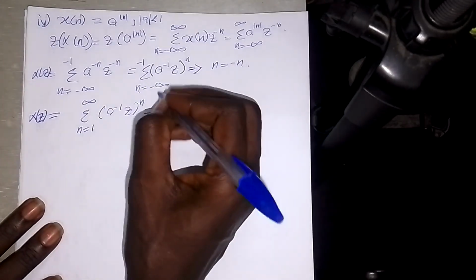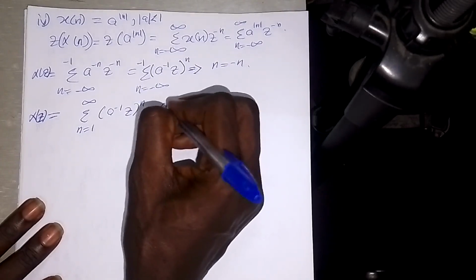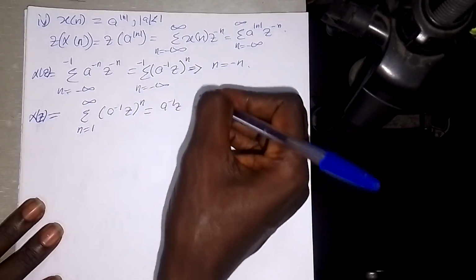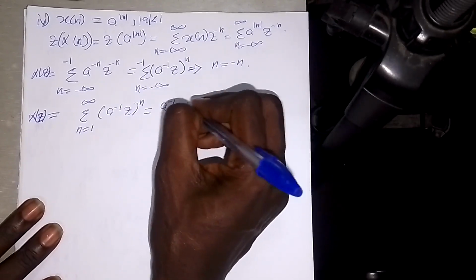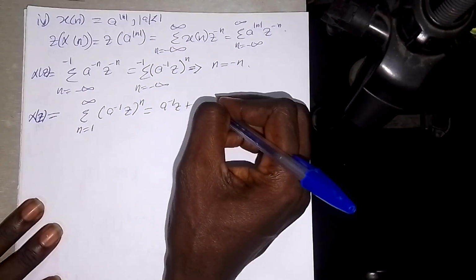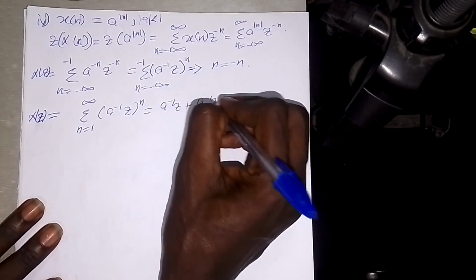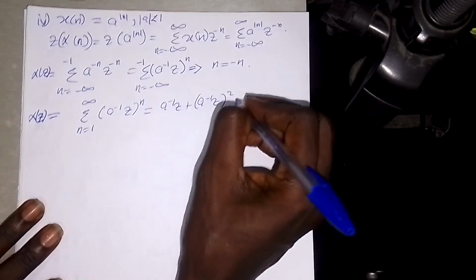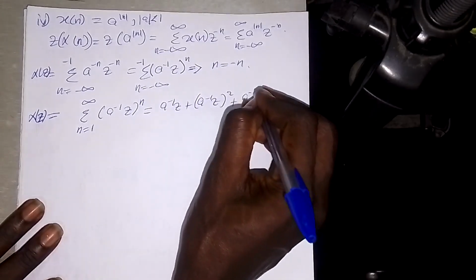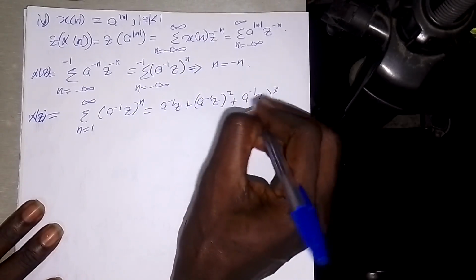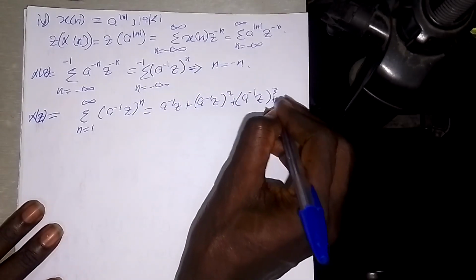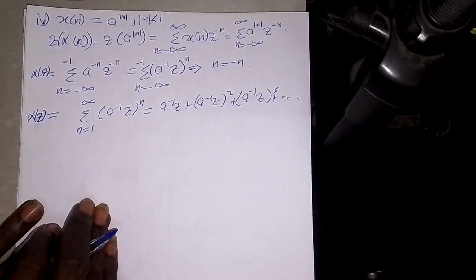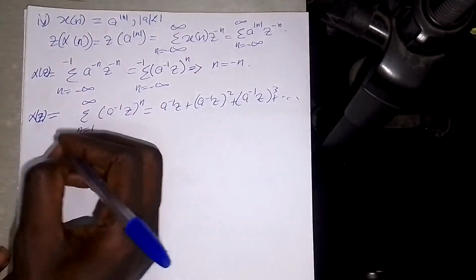If n is 1, I'll get a^-1 z, plus if n is 2, I'll get (a^-1 z) squared. If n is 3, I'll get (a^-1 z) cubed, and it will continue up to infinity.